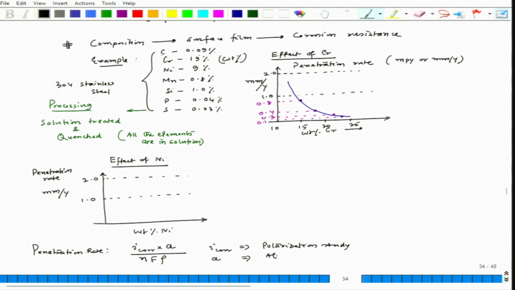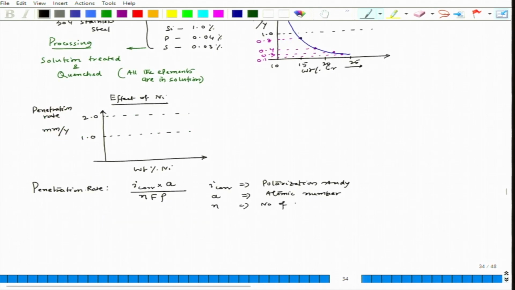N is the number of electrons participating for converting one atom to its ion, for example, M^n+ + ne = M. So, we are talking about N means this one, F is equal to 1 Faraday, rho is density, here it is gram per centimeter cube, and I corr we can get from polarization study.